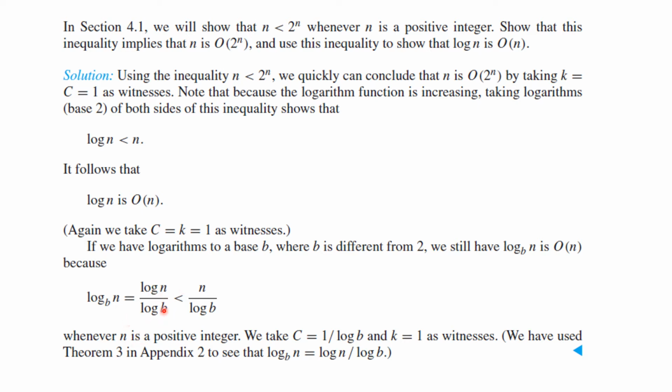The denominator is the same. So I have an inequality going this way. So you see, this logarithm base b of n is big O of ln of n, and it's logarithm base 2 of n divided by the logarithm base 2 of b. And so you see, we can prove relationships about exponentials and logarithms this way.